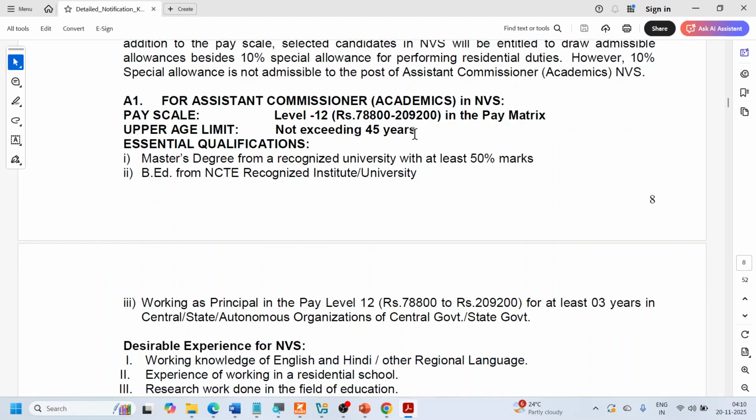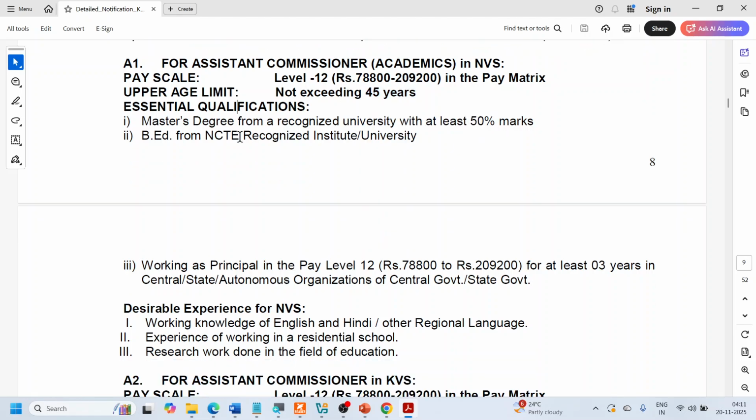However, there is a restriction of 45 years. You cannot apply beyond 45 years. I will talk about this, and later I will tell you why, as a new student or an inexperienced student, you cannot apply for this one. The minimum requirement they said is you must have a master's degree and a B.Ed. That is good.